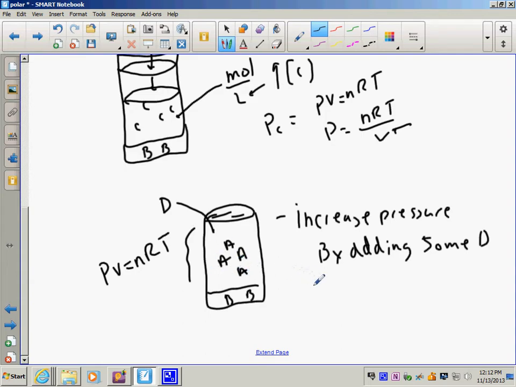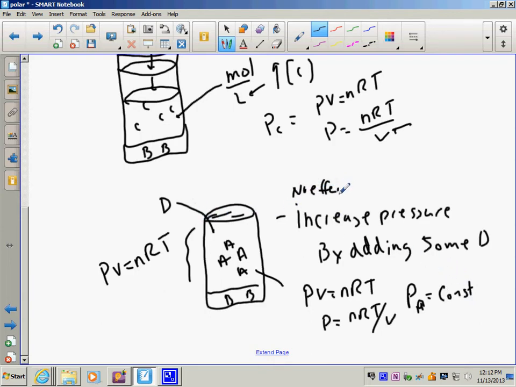But if you look at the partial pressure of just A, PV equals nRT, the pressure equals nRT over V. Does the same number of A's exist? Yes. R is the same, temperature is the same, volume? Yes. So technically, the partial pressure of A has not changed. Partial pressure of A is constant, and therefore this would have no effect. Okay?